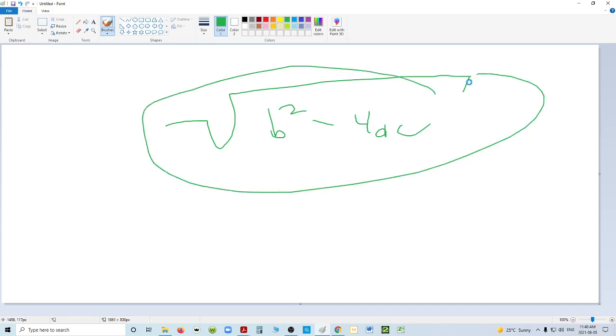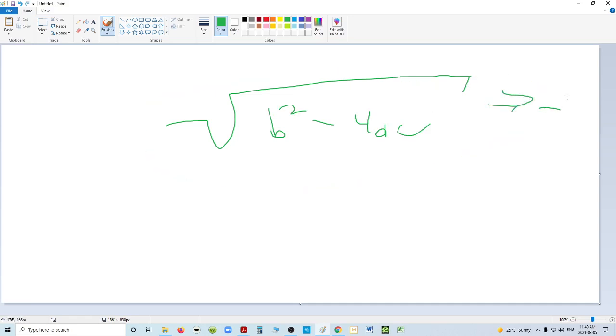Okay, this part, when this comes out negative, that means the parabola does not cross the x-axis. It's above or below. When this comes out to 0, there's only one solution, which means the parabola is touching the x-axis. And when this comes out as a positive number, it means the parabola crosses the x-axis in 2 spots. Okay, so that's how you learn it.